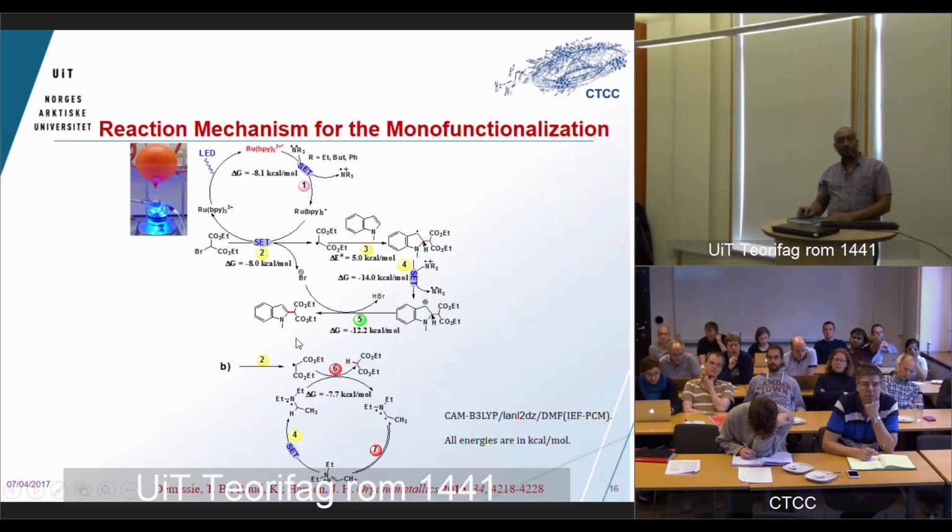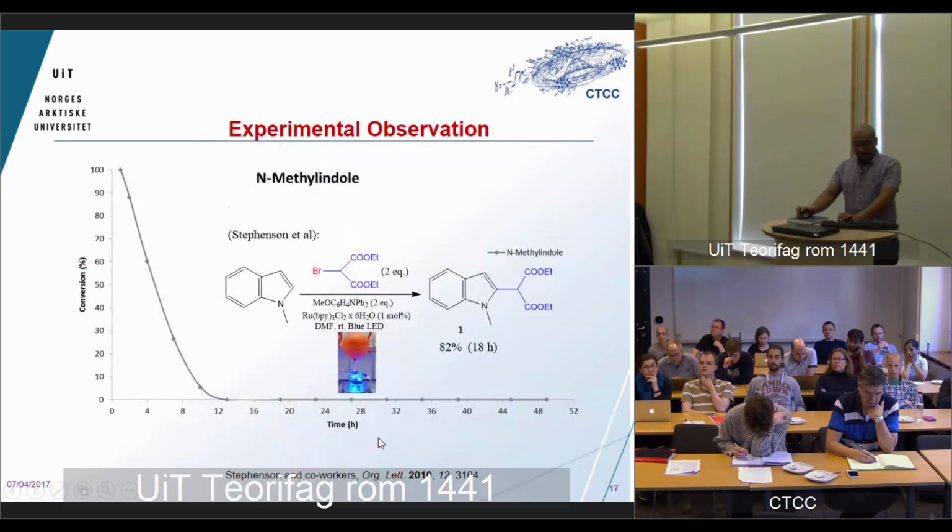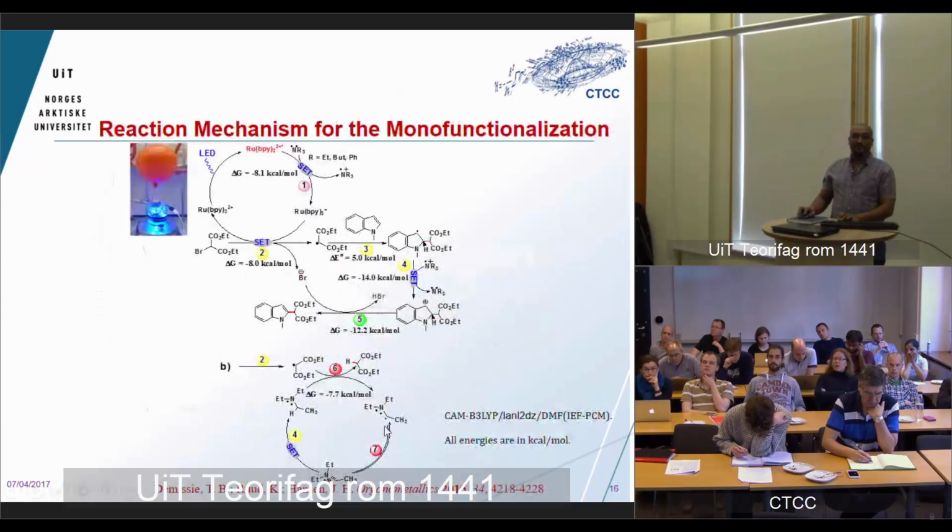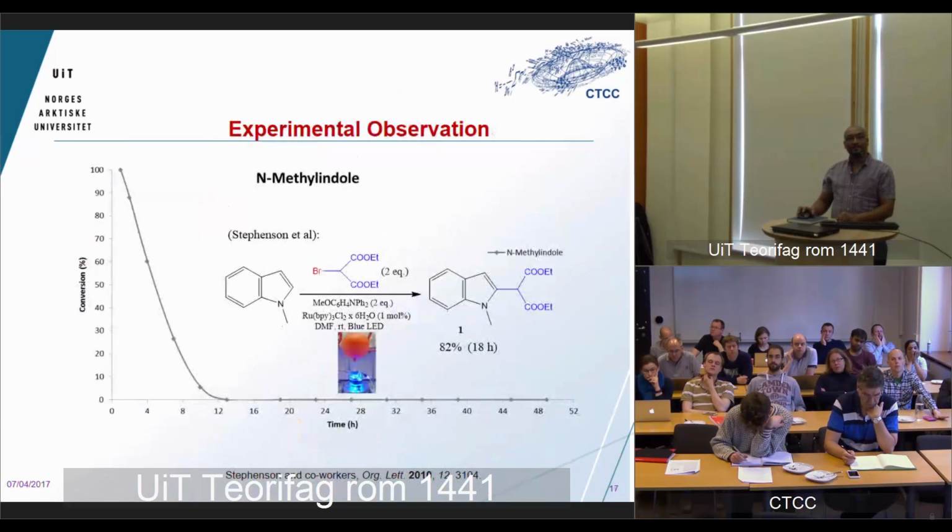What we proposed is that this is the one that is interfering or competing with this reaction mechanism, so that the yield of this compound is decreasing, or is a bit lower than our expectation. After publishing these results in 2015, the experimentalists from our group came out with these results.